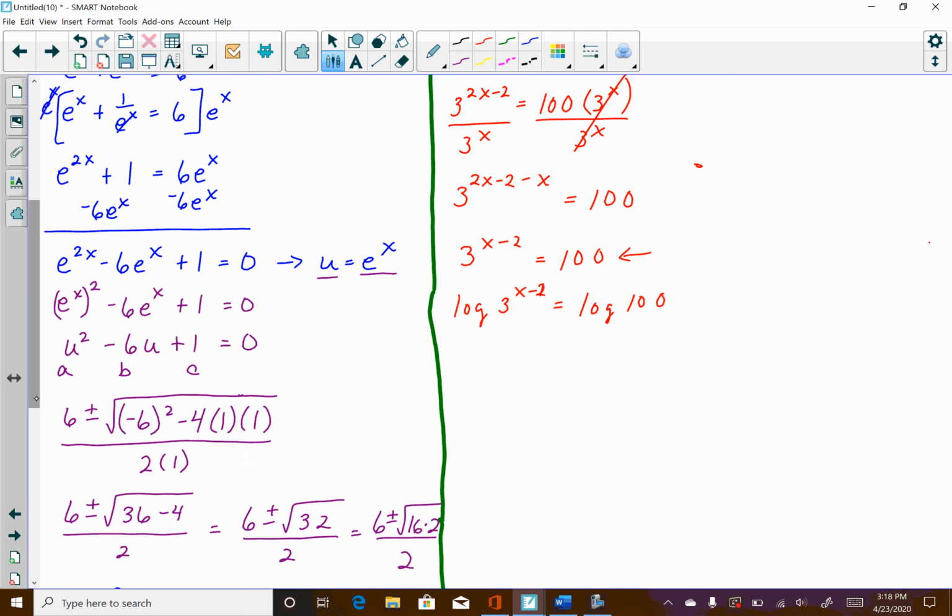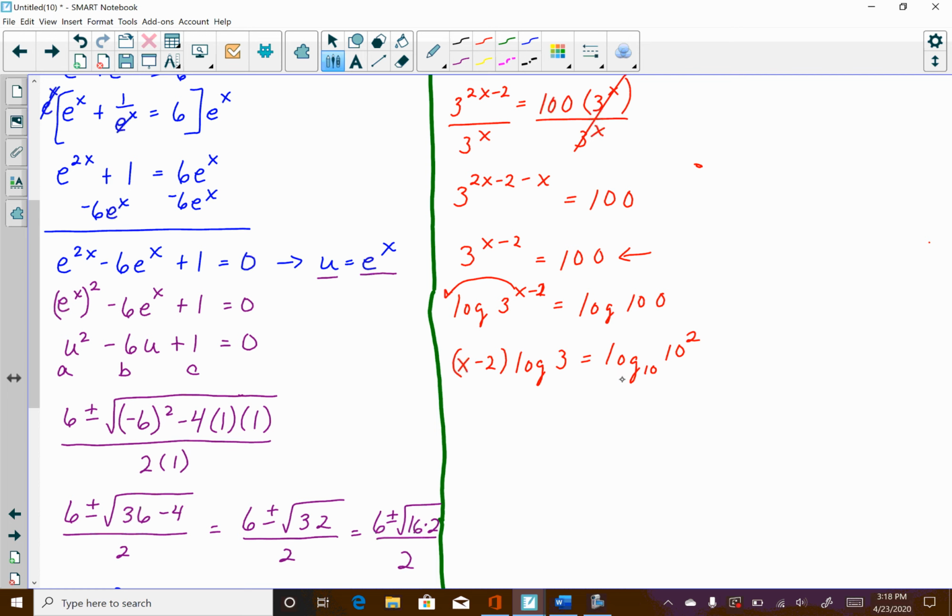Now remember that exponents come down in front as coefficients, so I would have x minus 2 times log of 3 equals, on the right-hand side, we know this is common log, it's automatically base 10. Can I write 100 as 10 to the second power?